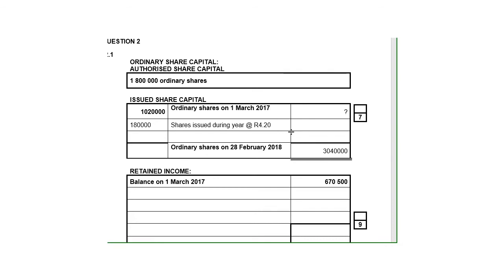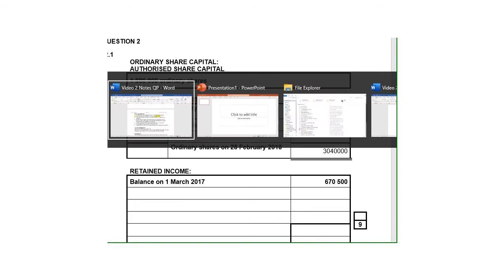So easy enough, I can do the calculation. It's the number of 180,000 multiplied by 4.20 that will give me the amount. So 180,000 times 4.20 gives me 756,000. So that one I've got in there complete.